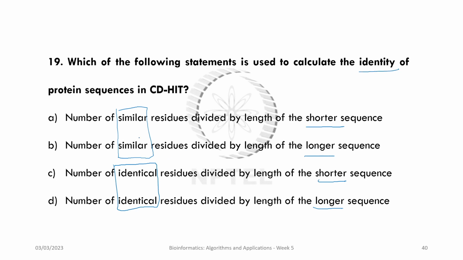So when we are talking about identity, it naturally eliminates A and B. So the number of identical residues divided by length of shorter or longer.